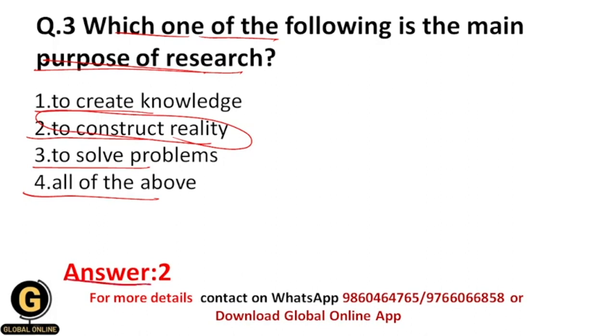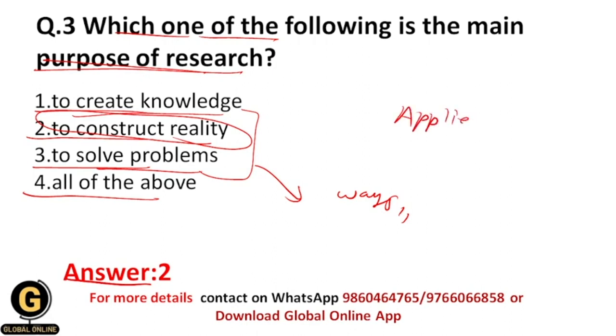And creating knowledge, or solving problems, basically these are specific ways of doing research, and these ways depend upon what kind of research it is. Basically if you are doing applied research, in applied research you solve specific problems by using the laws, or you apply the laws to your problems to solve them.